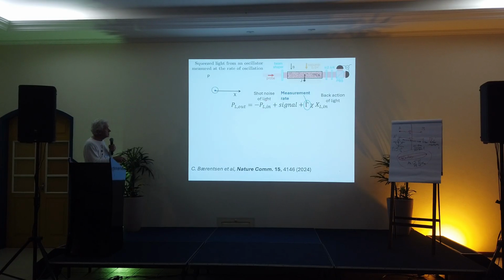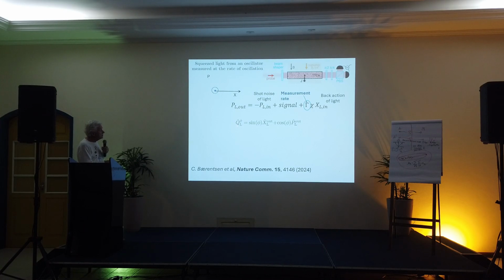Can we actually make interference between the noise of light and the back action? Remember, one of them is the sine omega t with motion, and the other one is the cosine. So how about we introduce some phase shift and make them interfere?